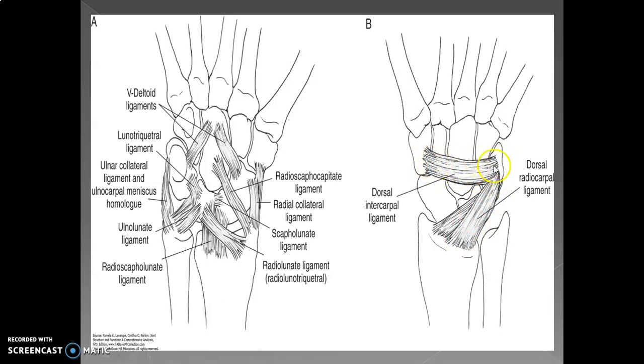Because it is attaching between the carpal bones, such as the trapezium, trapezoid, capitate, hamate, and then triquetrum, they are attaching only in the intrinsic, that is intercarpal. So they are called the dorsal intercarpal ligament. And here we have the dorsal radiocarpal, between the radius and the triquetrum.